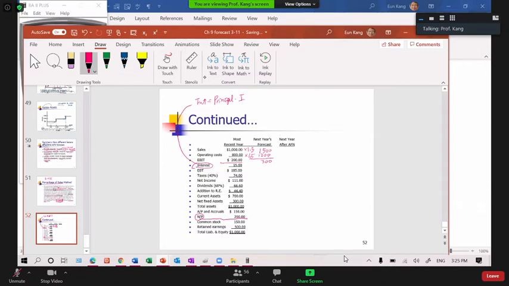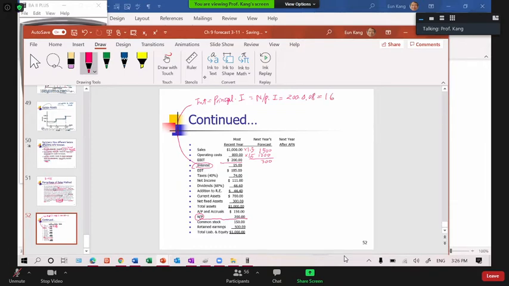Maybe in the exam or quiz there may be long-term debt. Then you have to add the short-term debt, notes payable, plus long-term debt, times the interest rate. But here, only notes payable, so that is notes payable times I, 200 times 0.08.